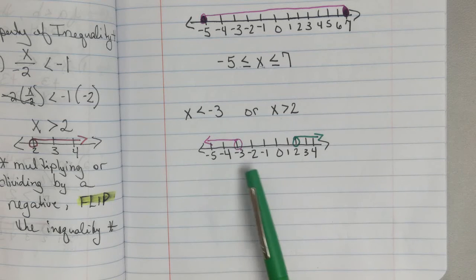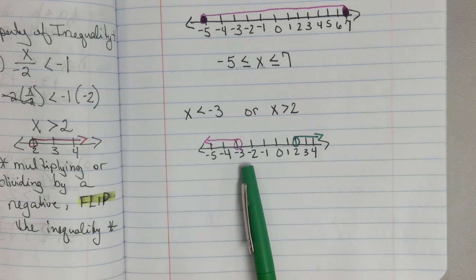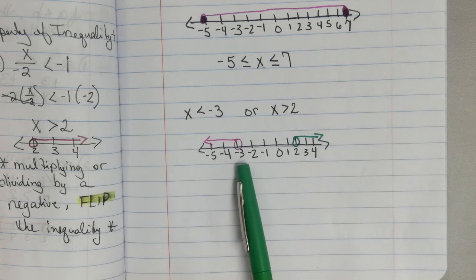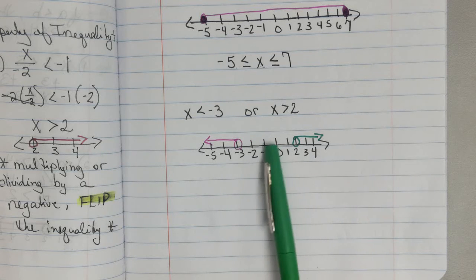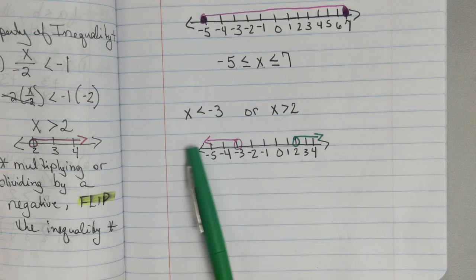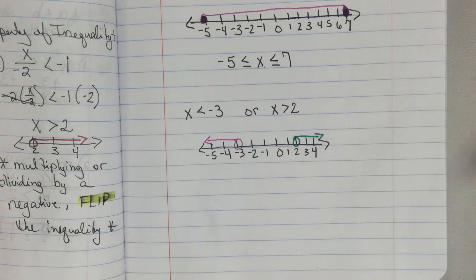So the numbers that don't work are from -3, because is -3 part of your solution? No, because remember it's got an open circle, so it's not part of it. So the ones that don't work are -3 to +2, all those numbers in between. So our solutions would be this area. Okay. All right.